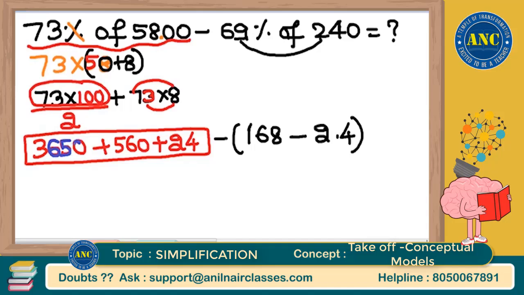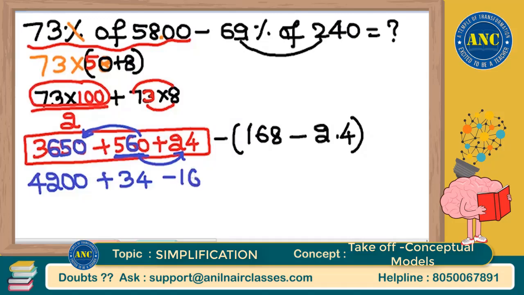For it to become 4000, how much do I still require? For it to become 4000, I require 350, or for it to become 4200, I require 550. From this 560, I will give 550 to this person, so that this person becomes 4200, and he is left with another 10 rupees. Push it to this person. This becomes 34. I believe that you are able to understand.